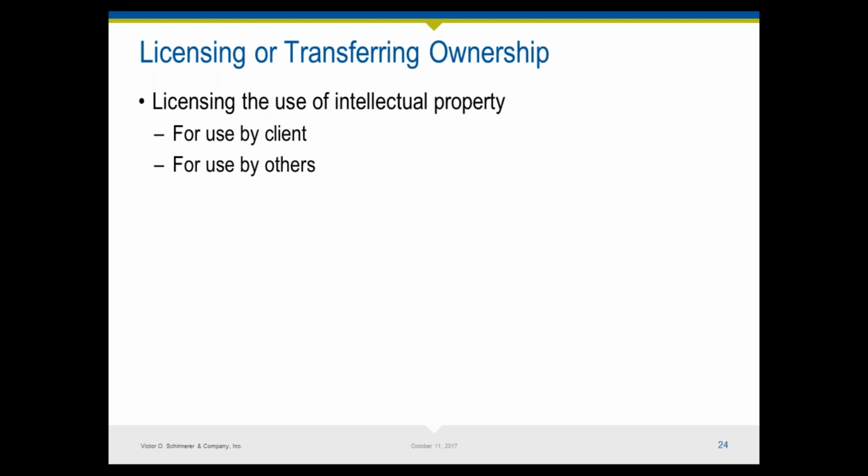So you have to look at what happens when you license to a client use for a client, and what happens when you can license a use by others who are not part of that chain of contracts that the client is.